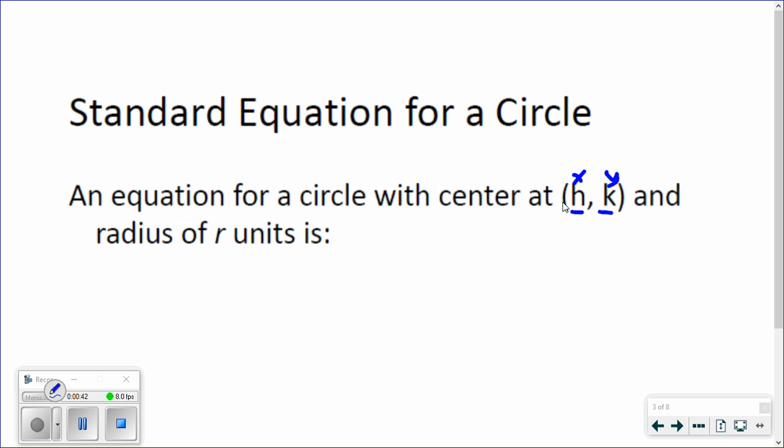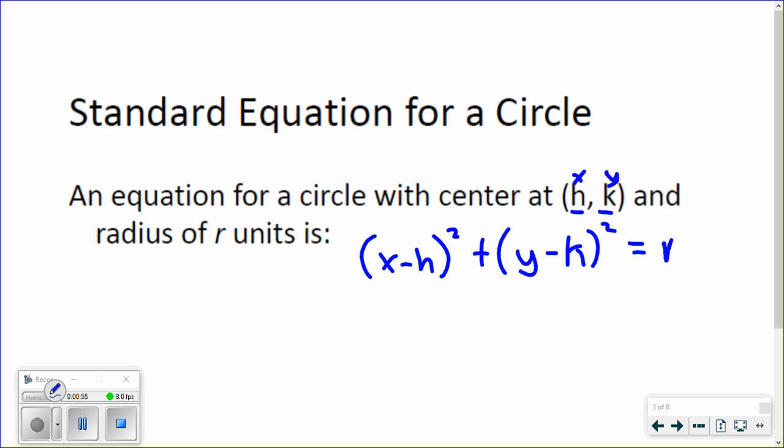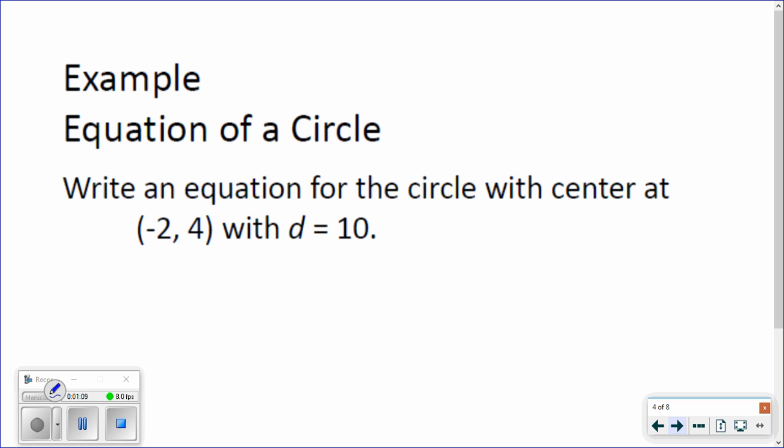The equation is x minus h squared plus y minus k squared equals the radius squared. We're going to use the h and k to either write the equation or to give us the center of the circle. That's what we're going to look for in some problems coming up today.